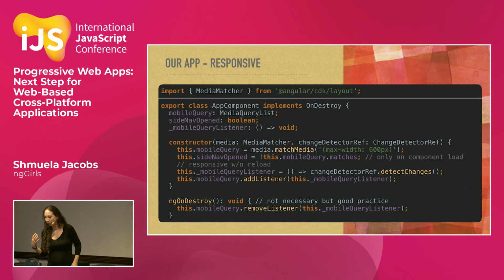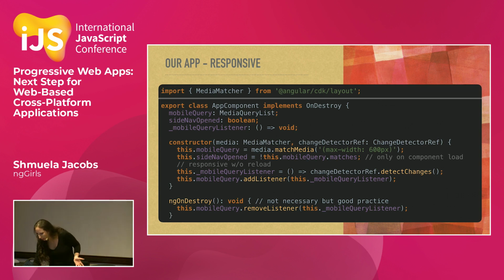So the CDK gives us the media matcher, which is a great way to help us know which device the application is running on, which screen size, not from the style where we usually use media query, but from the TypeScript code part of our application, from the controller and our services.